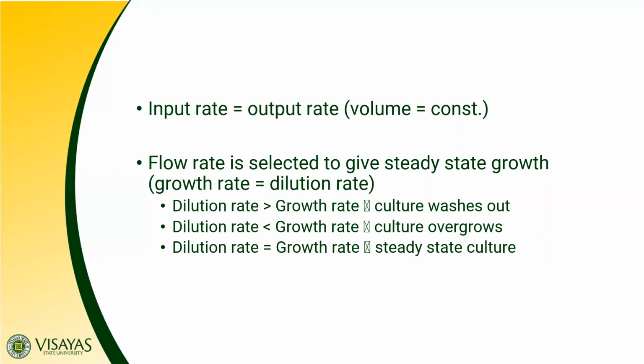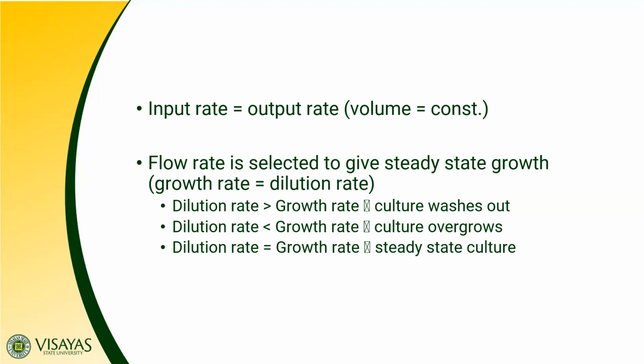So there is a fast, high consumption of the substrate in the fermentation vessel, because of the overgrowth of the culture. In the steady state culture, there is a constant production of the product.